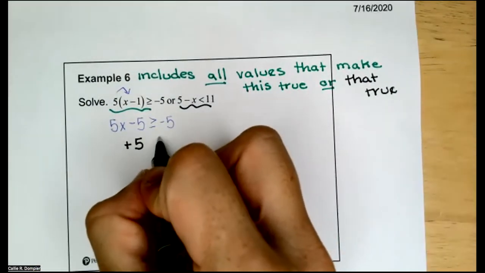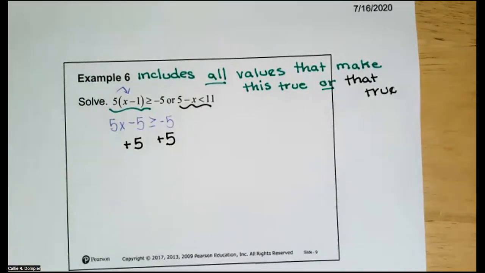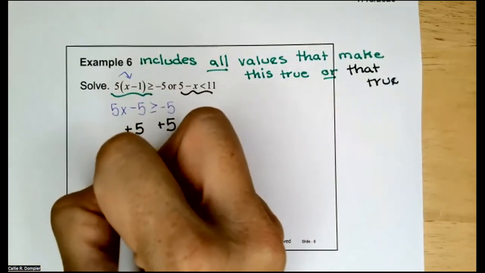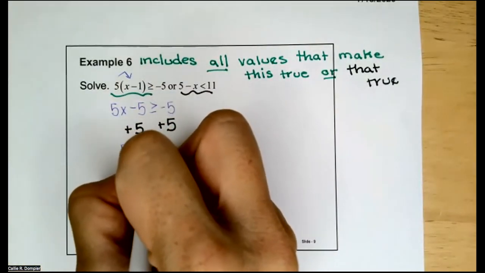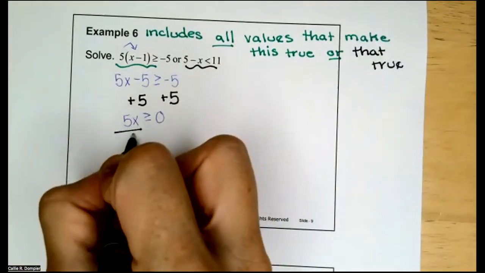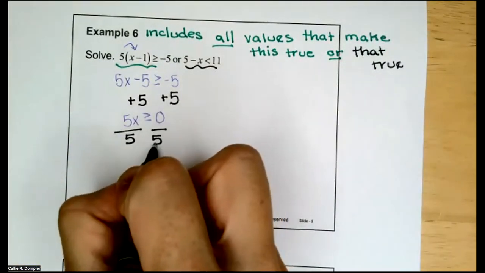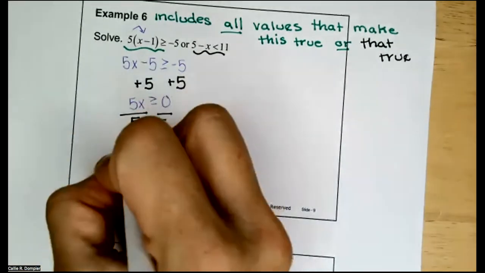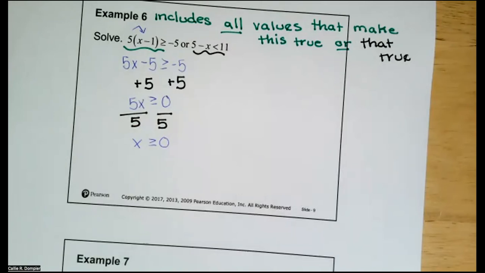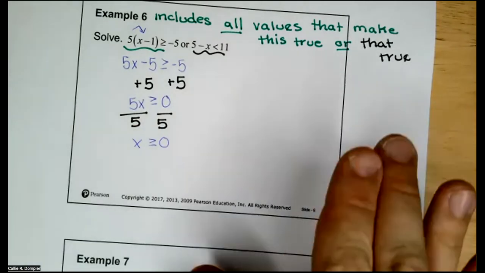Add 5. Add 5. You end up with 5x greater than or equal to 0, right? Divide by 5. Divide by 5. X is greater than or equal to 0. Good.